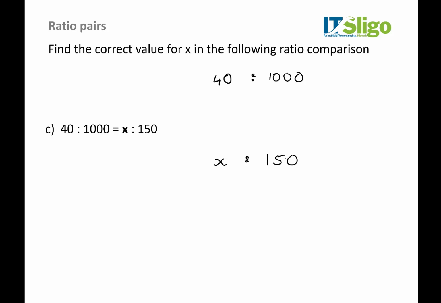Now, guys, looking at the right-hand side, this is where I need to choose my path. There's no real easy way to get from 1,000 to 150 in one go, not without a calculator anyway. So what we're going to do is create a series of stepping stones. So what I'm really looking for, guys, here is what number will divide into 1,000 and into 150.